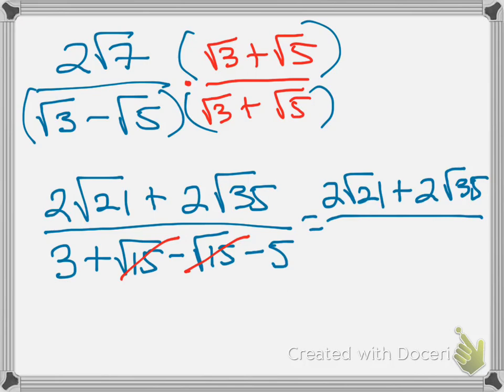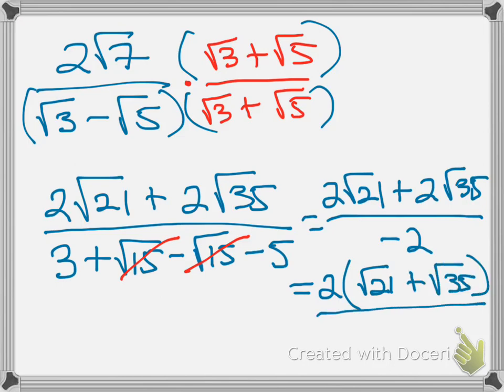So now we're left with 3 minus 5, which is, of course, negative 2. So yes, my original prediction was correct. We can simplify this a little bit more. Let's factor out a 2 from our numerator. So we'll end up with 2 times the square root of 21 plus the square root of 35.